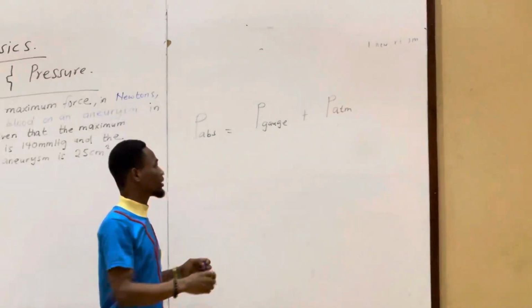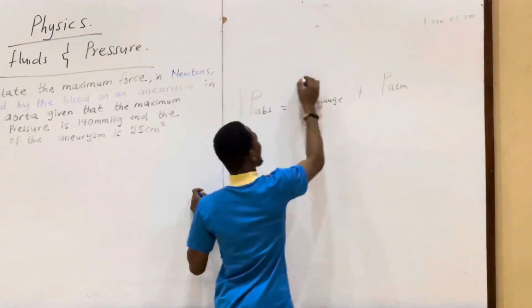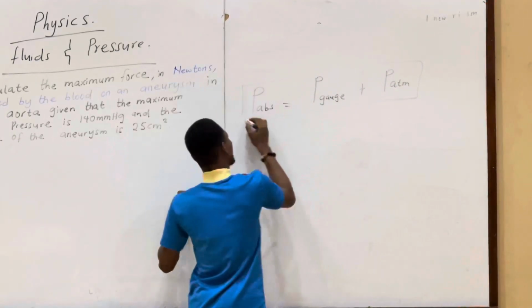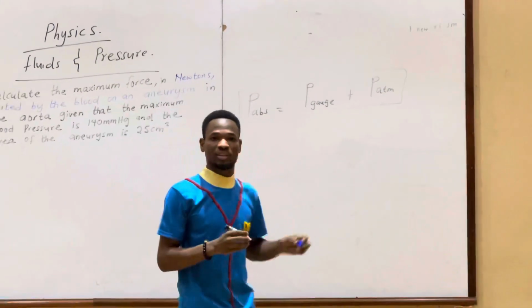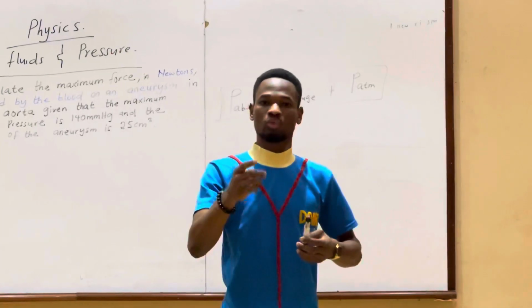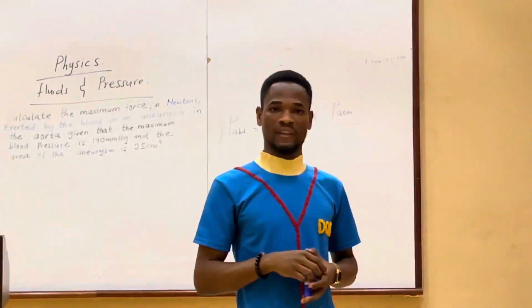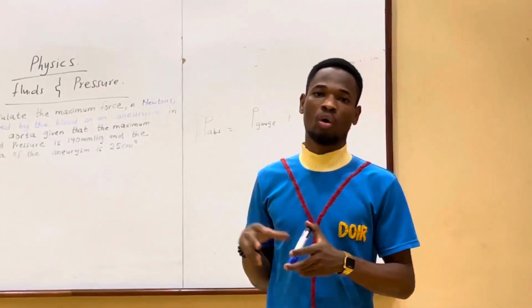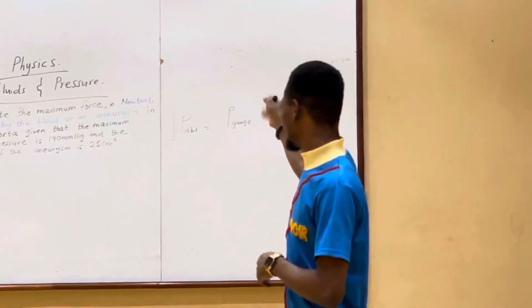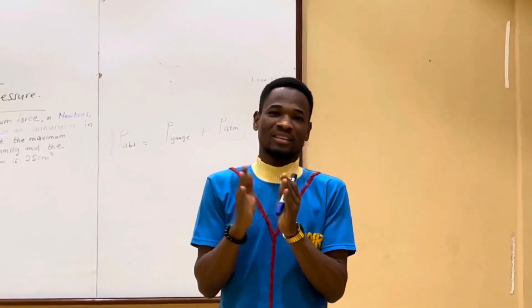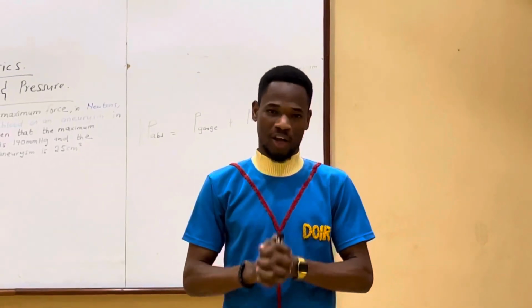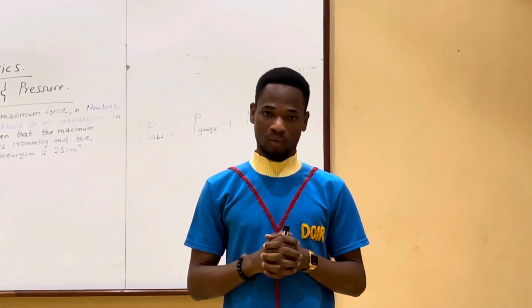Please note this, it is very important, this expression. As we see, we'll be using this expression. So try and record this expression. So we have the absolute pressure equals the gauge pressure plus the atmospheric pressure. Okay.